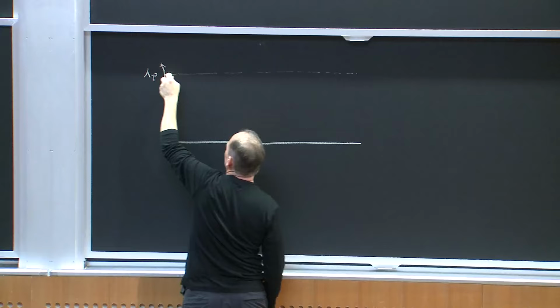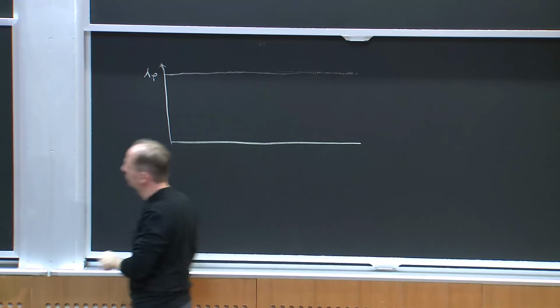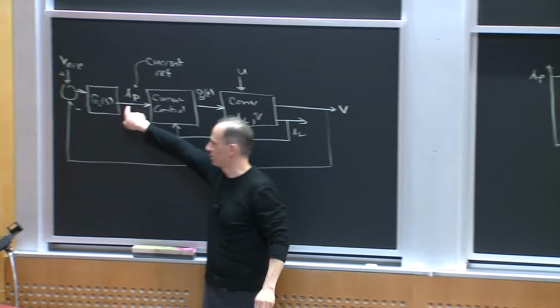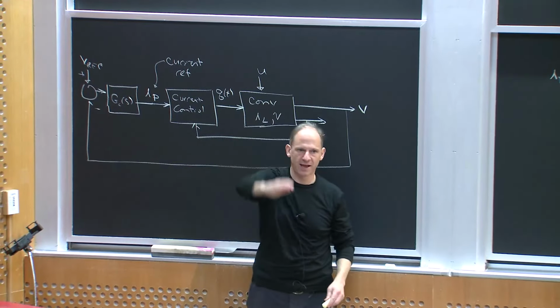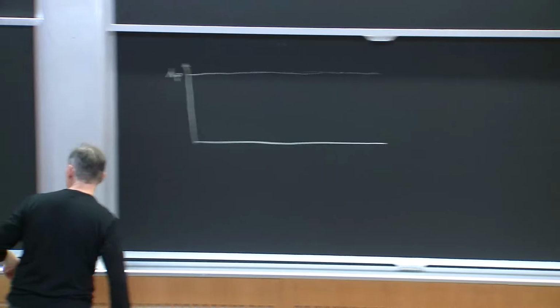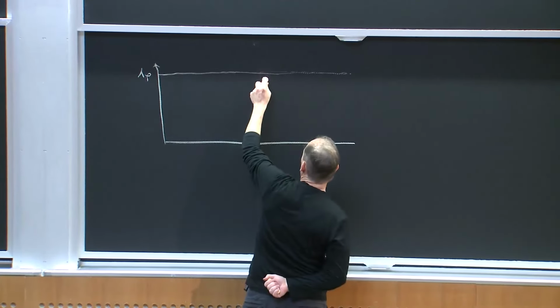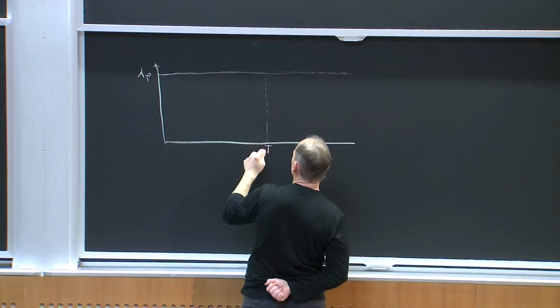And within a switching cycle, this is more or less a constant defined by this compensator, but it's going to move up and down as my outer loop tells it to. Then I'm going to create a slight variation off that, and we'll explain why a little bit later. But suppose this is my switching period T.